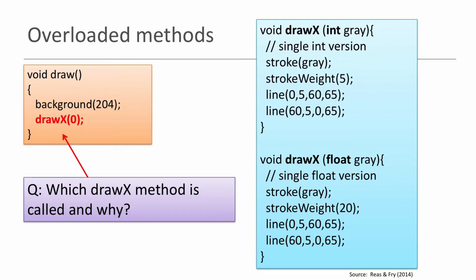So on the right hand side, you can see 2 draw x methods. One takes in int gray, the second one takes in float gray. We're making a call to draw x by calling draw x 0. So does it call the top one or the bottom one? And why?